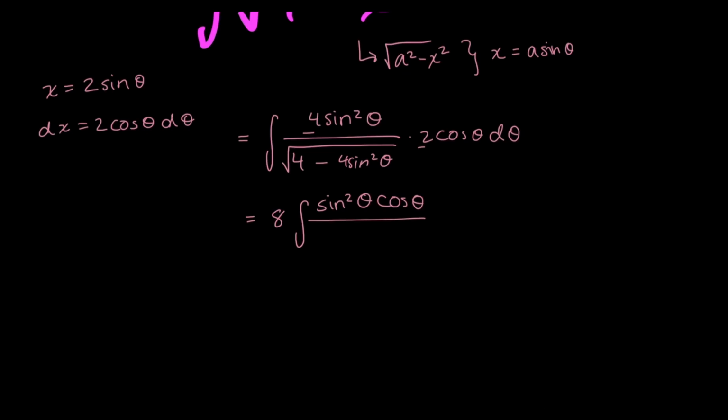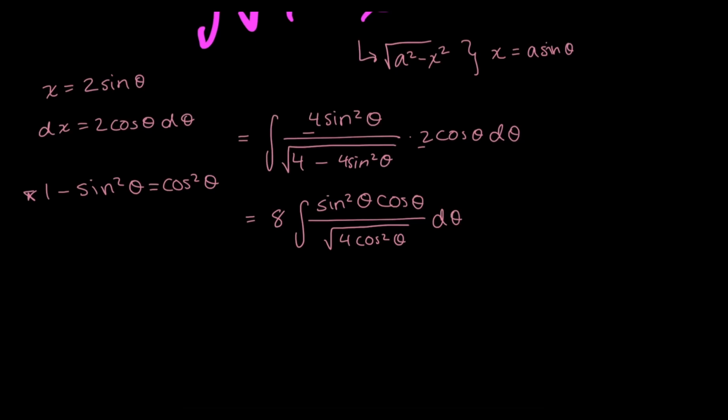Now, my square root over here can also be simplified using the identity that 1 minus sine squared theta is equal to cosine squared theta. The only difference here is that this is all multiplied by a factor of 4. So this means that my cosine in this case should also just be multiplied by a factor of 4. And now I know that the inside of my square root is 4 cosine squared theta, and then d theta at the end.